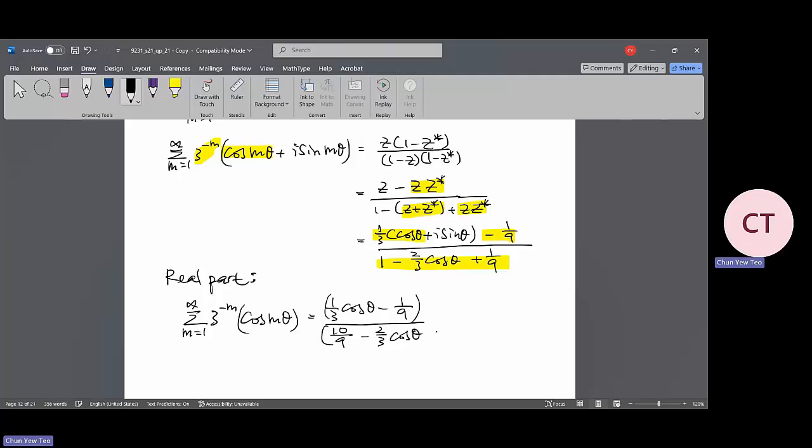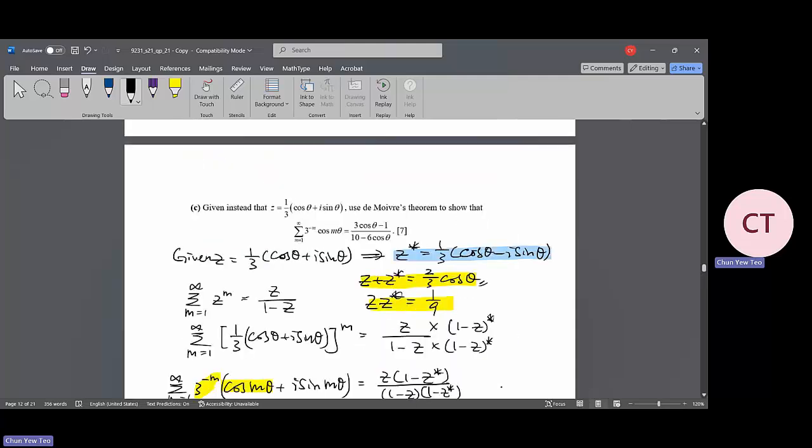Multiply everything by 9, then you will get 3 cos theta minus 1 over 10 minus 6 cos theta. So this is the answer that they want you to show. Yeah, done.